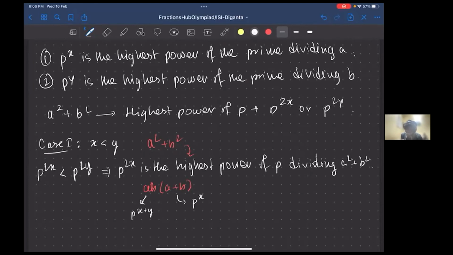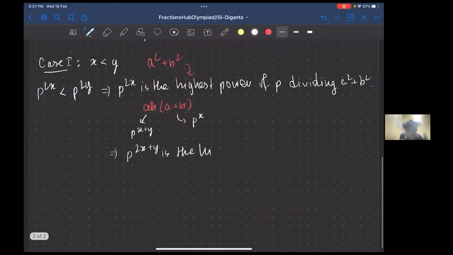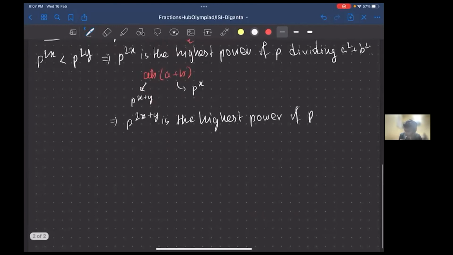So this side, p power 2x plus y is the highest power of p dividing ab times (a plus b), right?